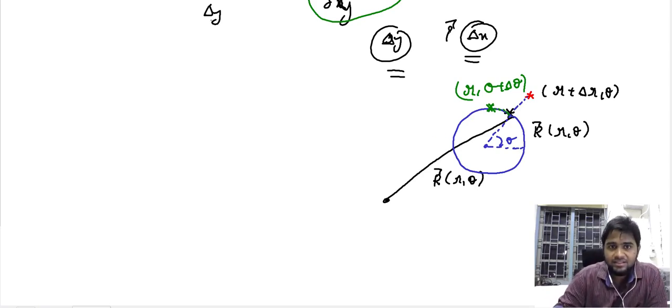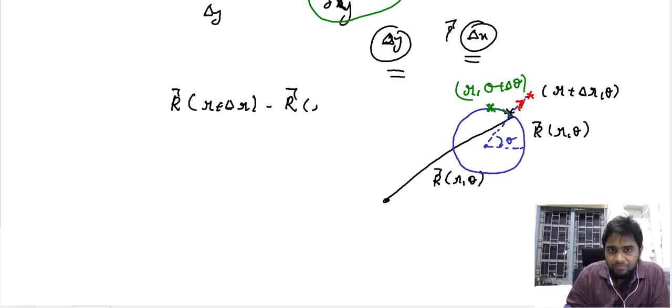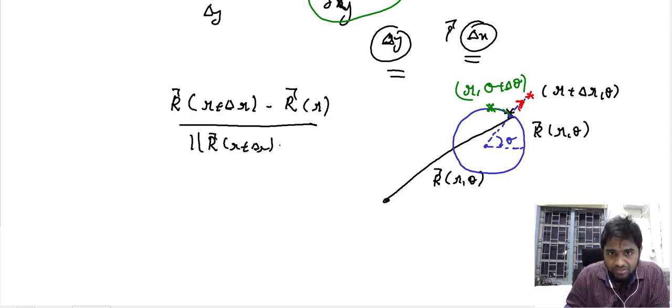Now in this case, the unit vector pointing along the red point would be r vector of r plus delta r minus r vector of r, the original point, and the magnitude of this difference will give us the unit vector pointing along the red direction.